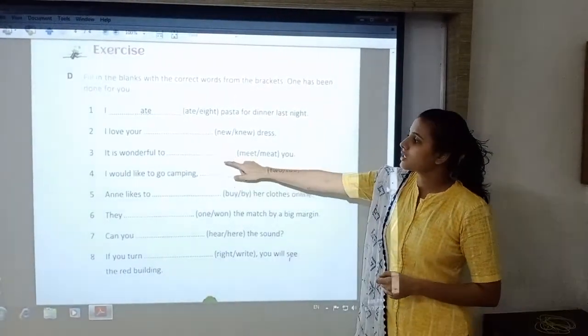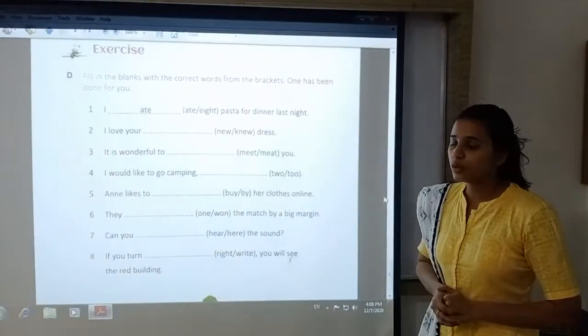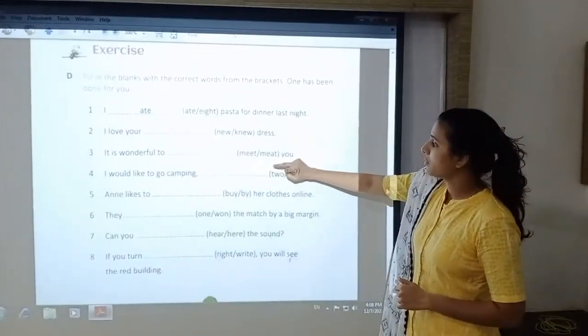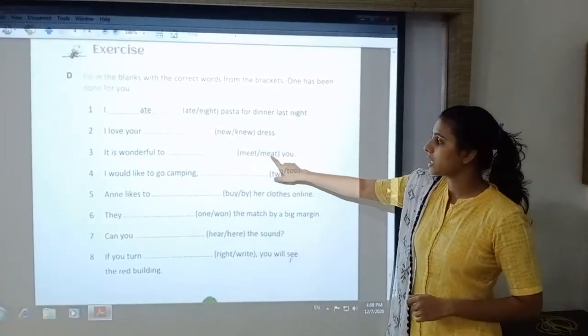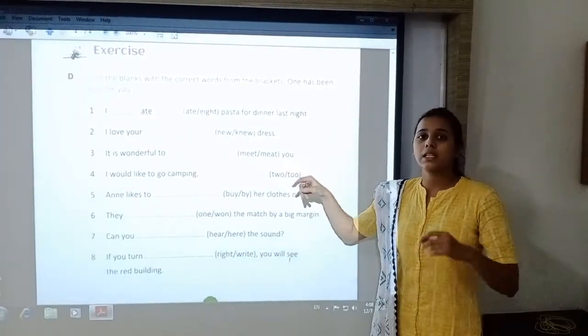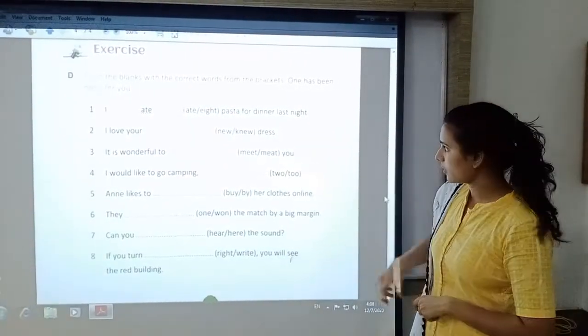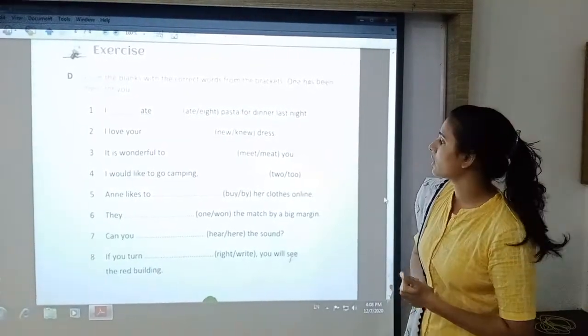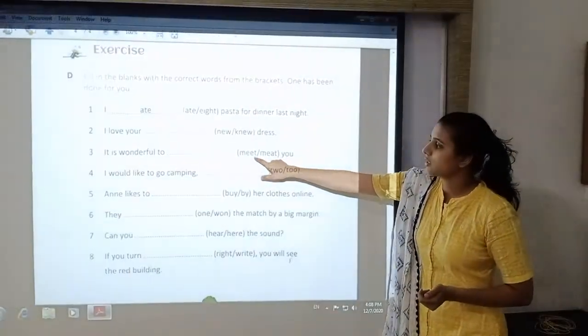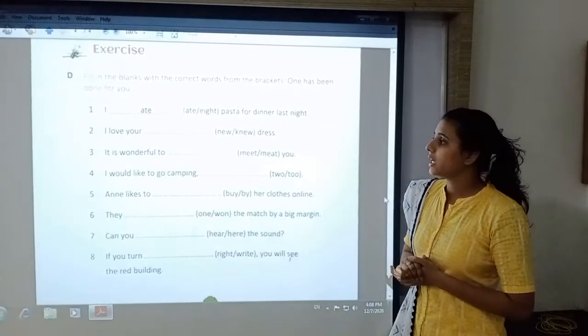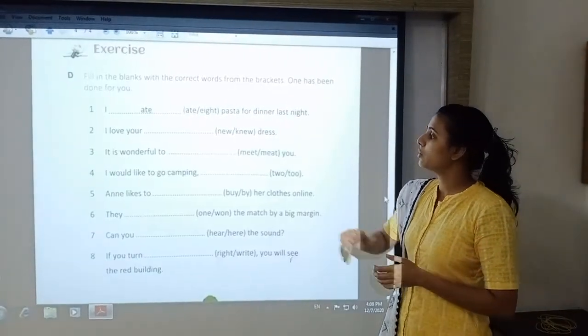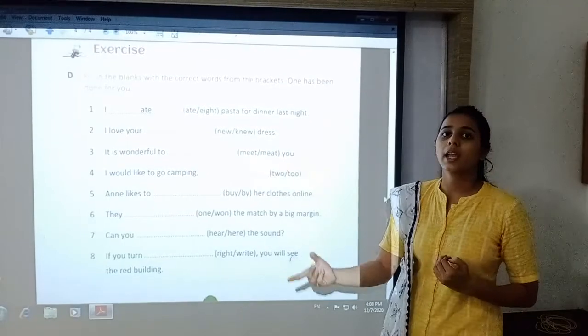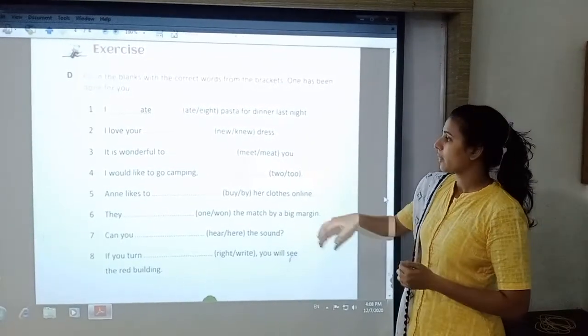Next is, it is wonderful to meet you, or meat you. The MEAT word is an eatable thing, while meet is to come in front. So here we will choose, it is wonderful to meet you, when I came in front of you.